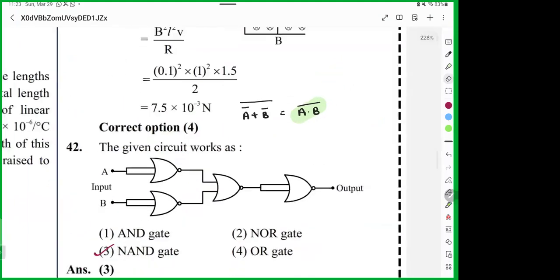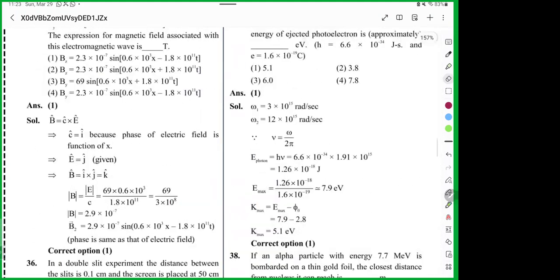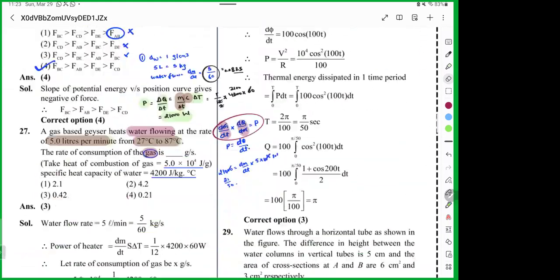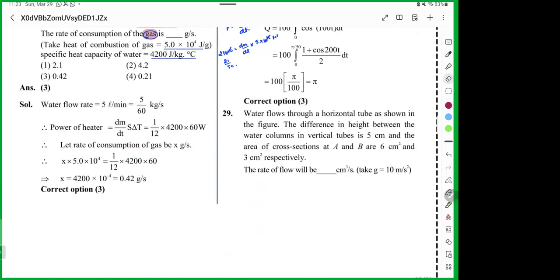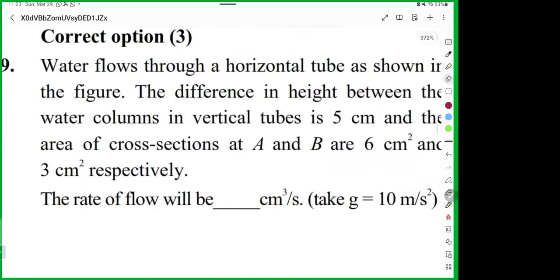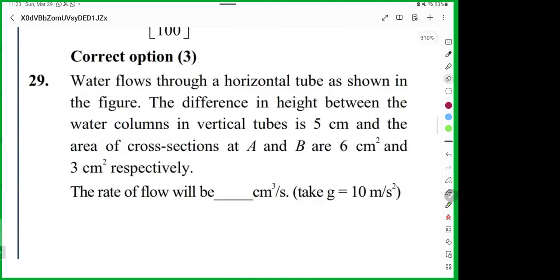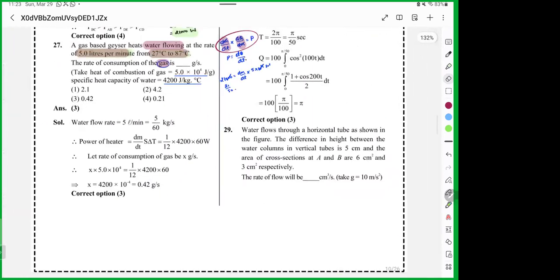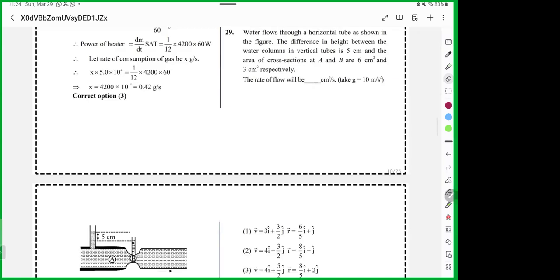So you can feel that JEE questions are not really difficult, and we are bothered about the concept. Solve this question. Water flows through a horizontal tube as you can see in the diagram.